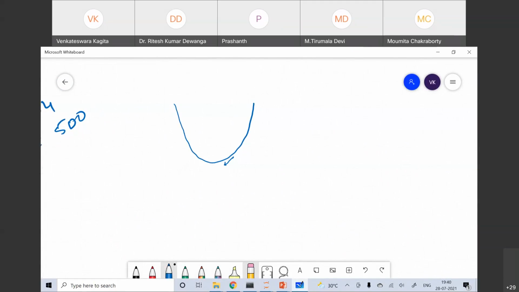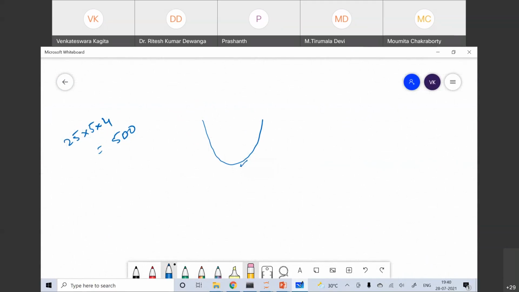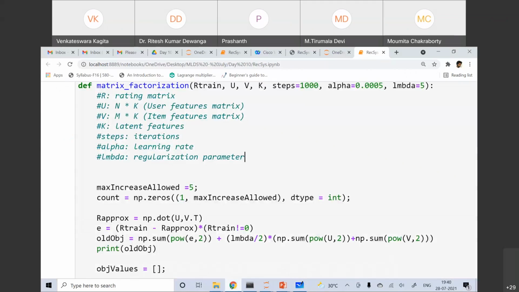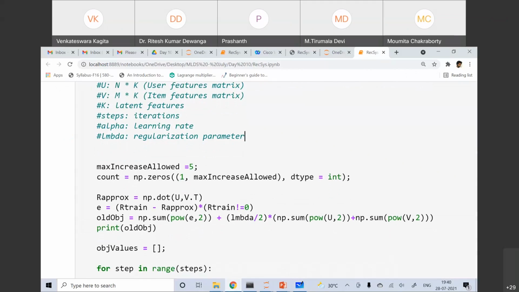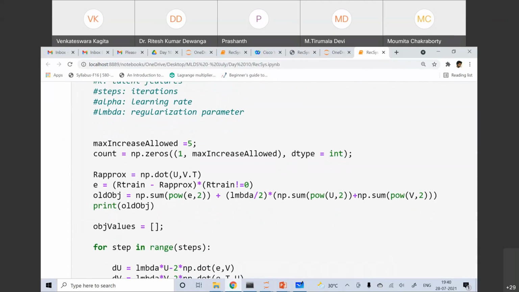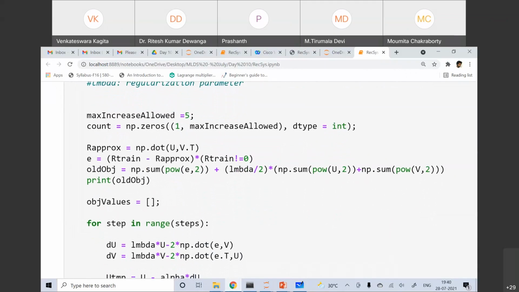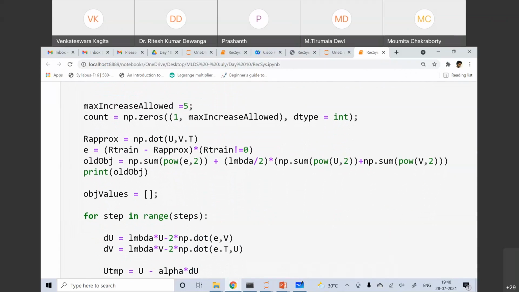You look for some number of iterations, let's say 5 or 6. If it is increasing after that many times, you stop the algorithm. So the maximum increase allowed is 5, and you initialize a count to 0 to count these increases, how many times it has increased.